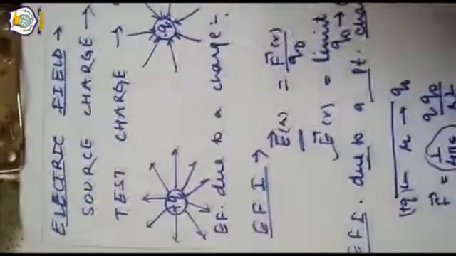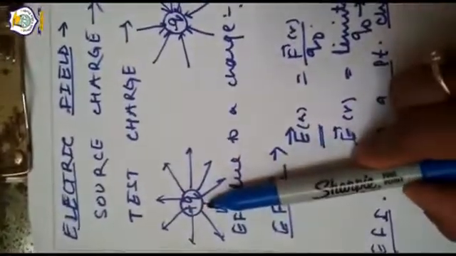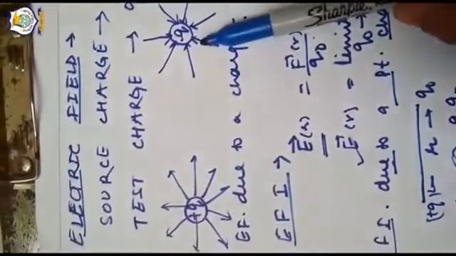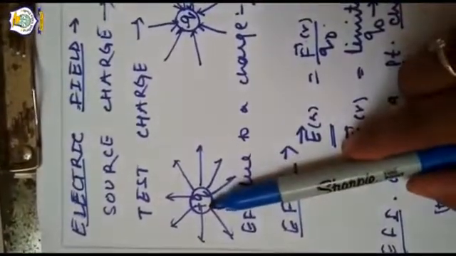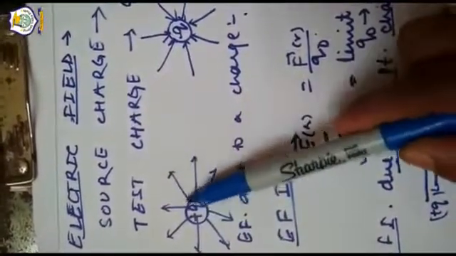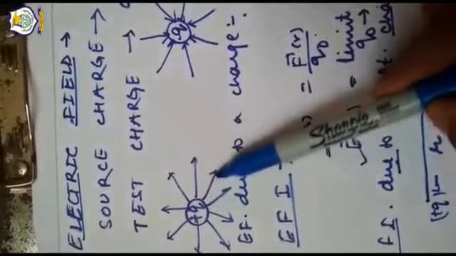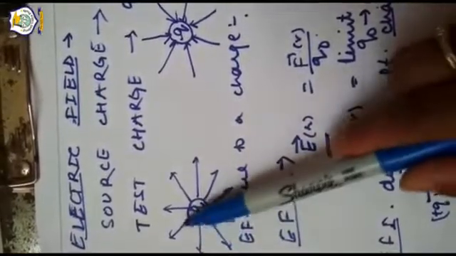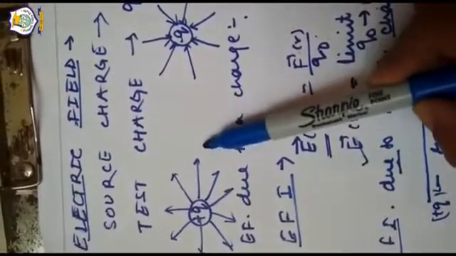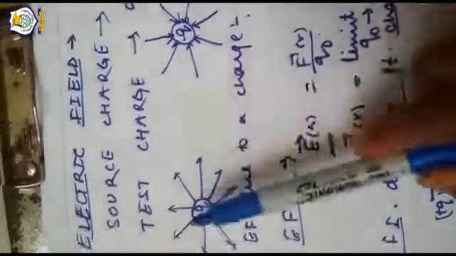Now let's see which type of field is produced by plus charge and by negative charge. If plus Q charge is there, it is found that it is exerting force in outward directions, meaning away from the charge. So if any test charge Q naught is placed here, it is going to repel it.